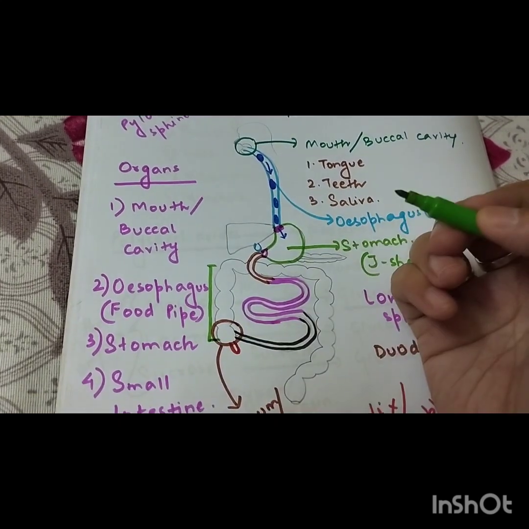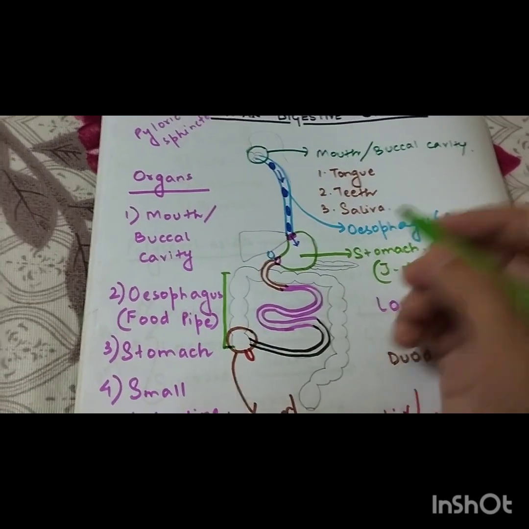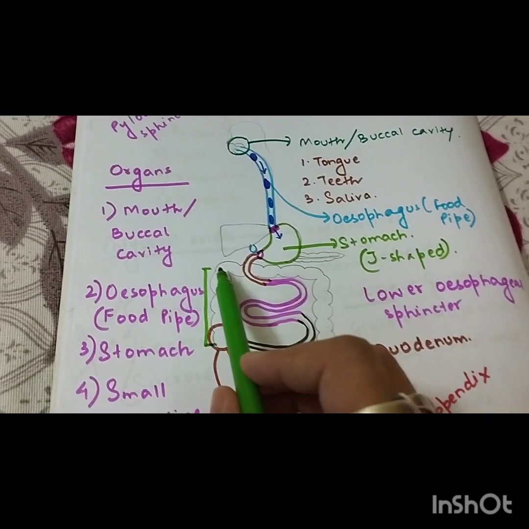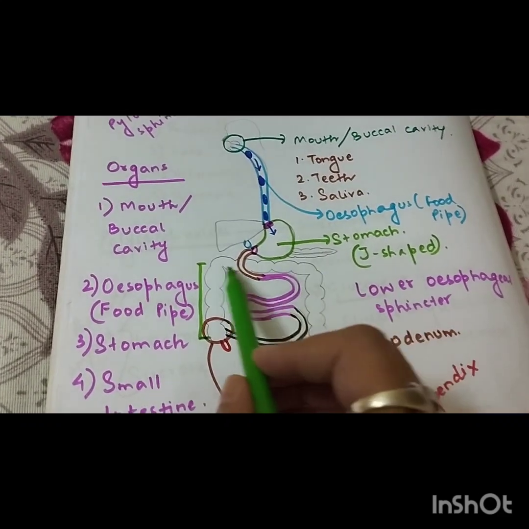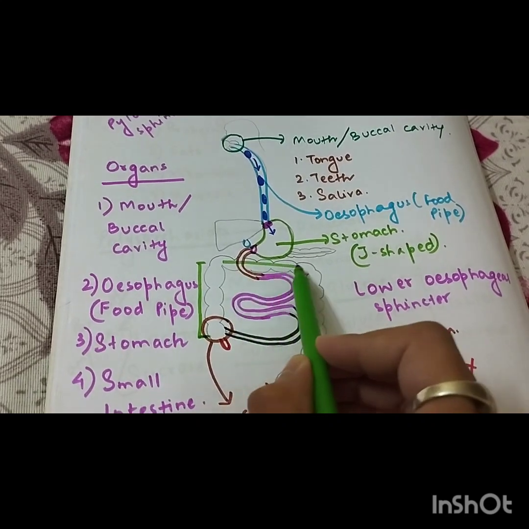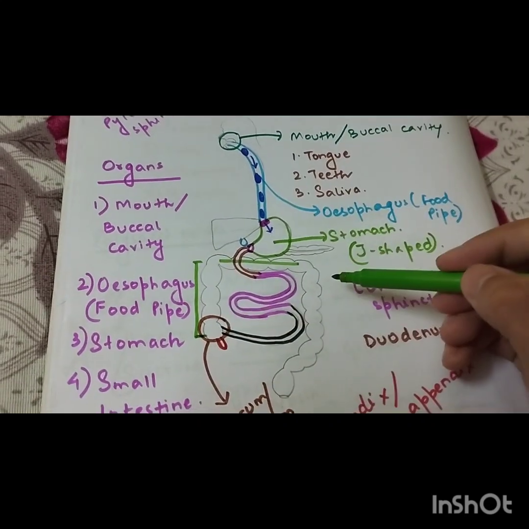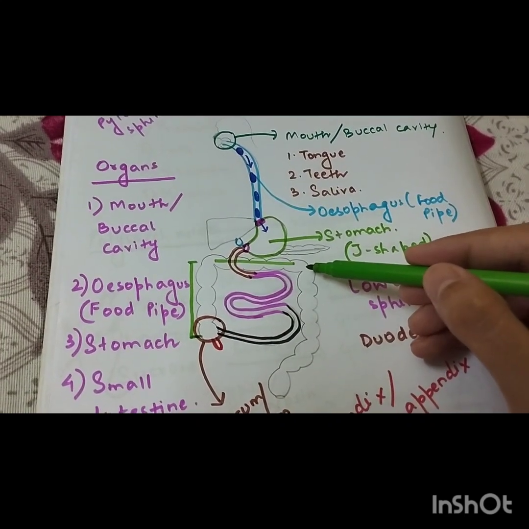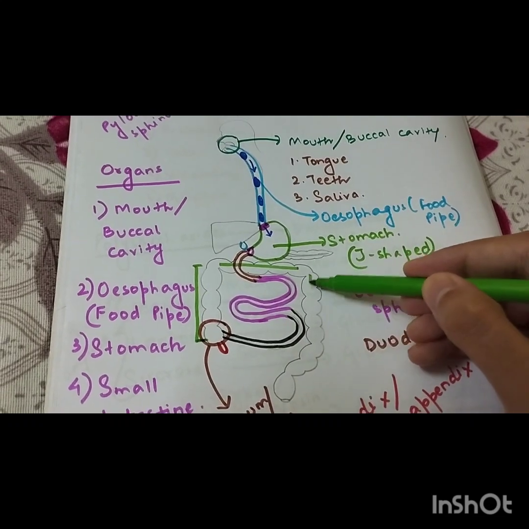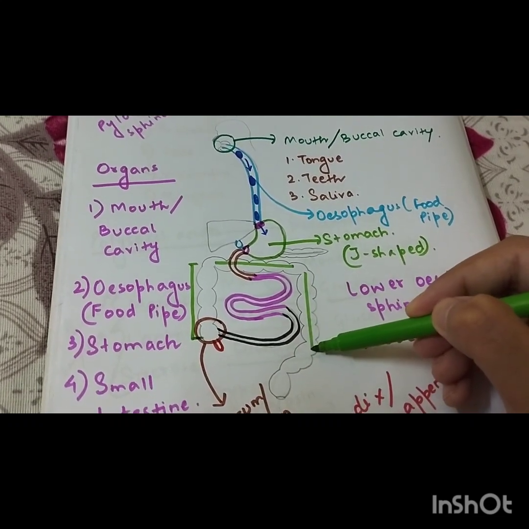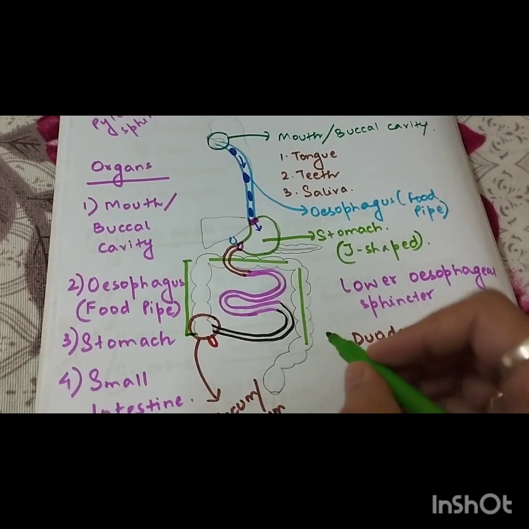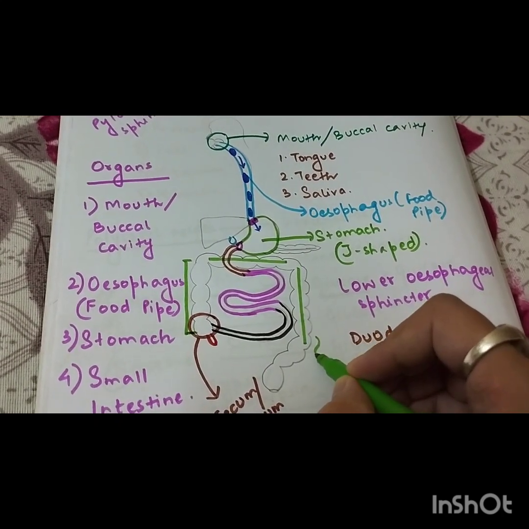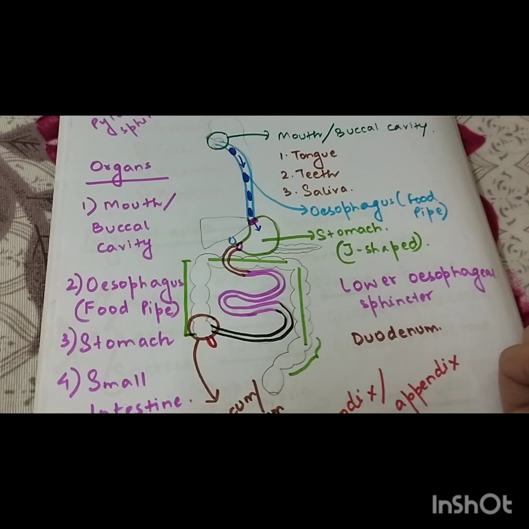The part which goes across the body from one side to the other is known as the transverse colon. The part which comes from up to down is known as the descending colon. And this part which forms an S-like structure, like the alphabet S, is known as the sigmoid colon.